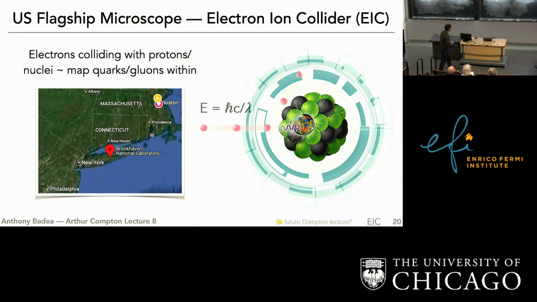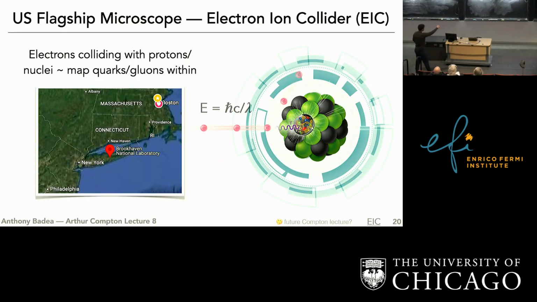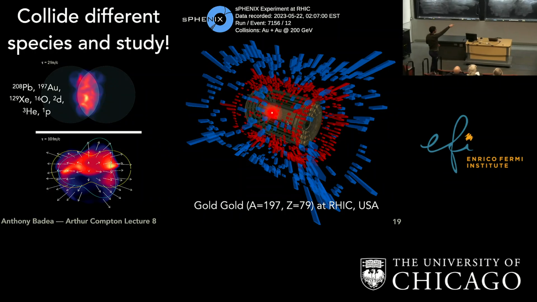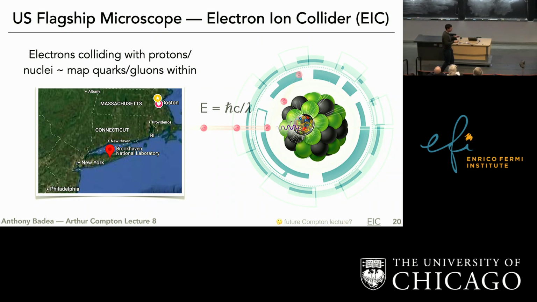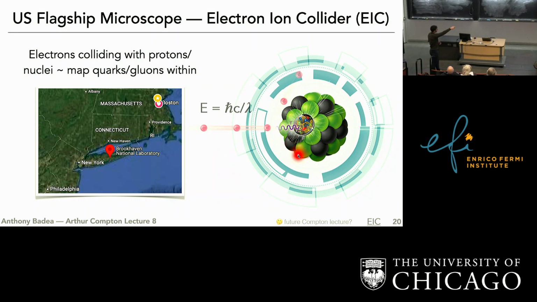And so the other thing that's happening is at the same national lab that's doing these gold collisions, they're upgrading their experiment. So right on the end of Long Island, at Brookhaven, they're upgrading their experiment where instead of colliding gold nuclei or heavy ions, they're going to shoot in a really high energy beam of electrons and a high energy beam of nuclei or protons.